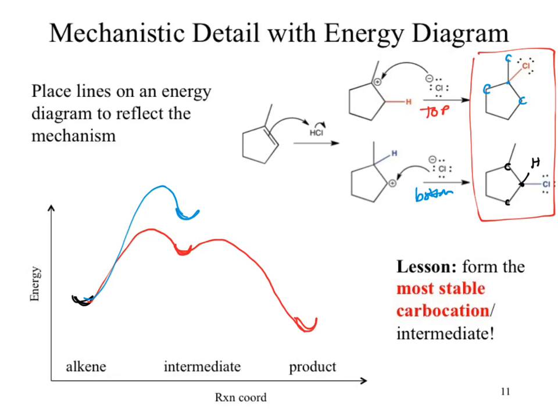What's the difference between carbon and hydrogen? Carbon has more electrons. What is that going to do to the stability of the chloride? It's going to make it less stable, which does what to its energy for our red product? Should be higher in energy. So where should I draw the blue product? A little bit lower in energy.